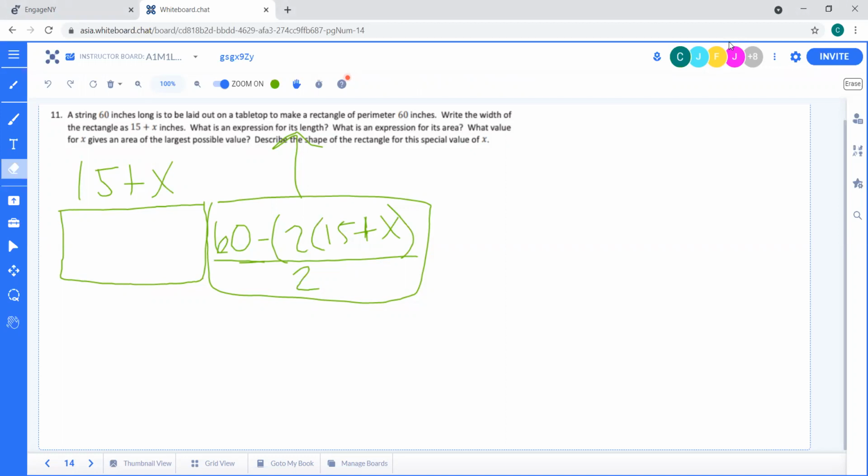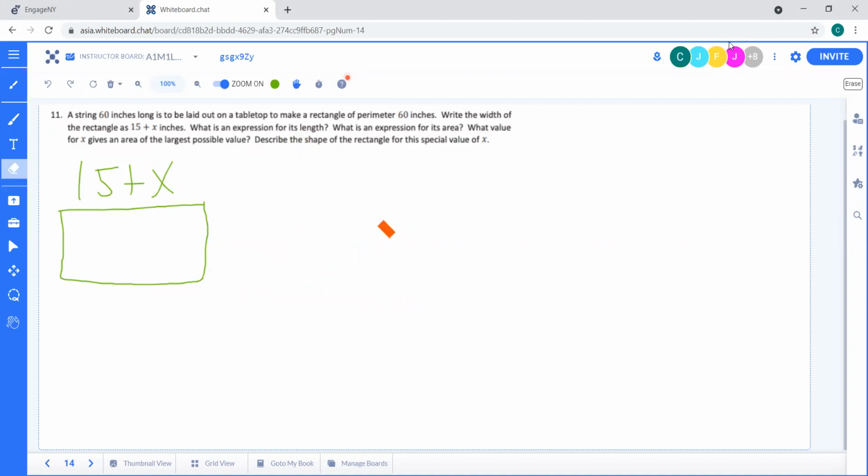I need to simplify this for y'all. Let's try and make it as simple as possible. Okay, let's do this. We're going to actually draw this out. Okay, let's call the width 15 plus x.